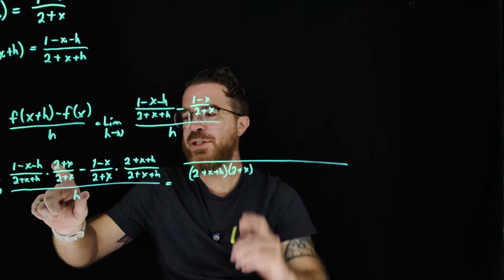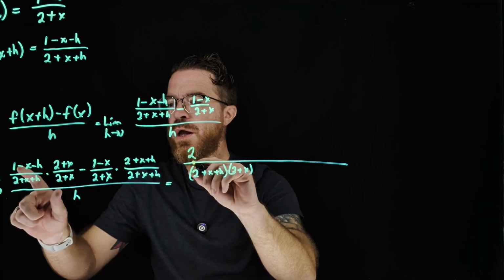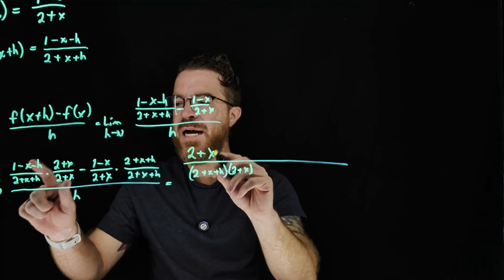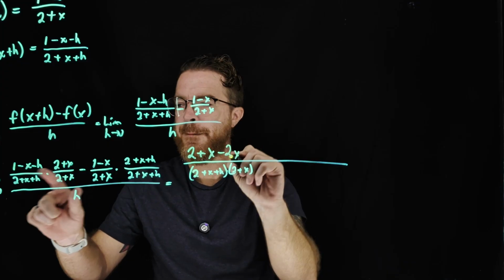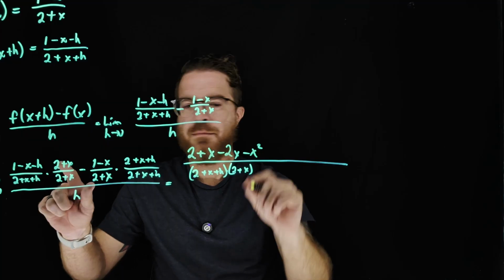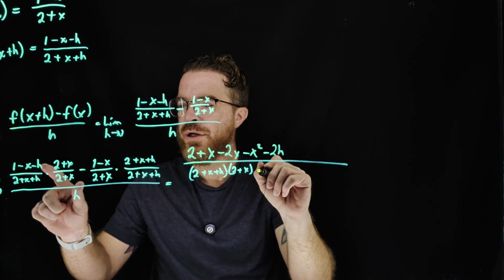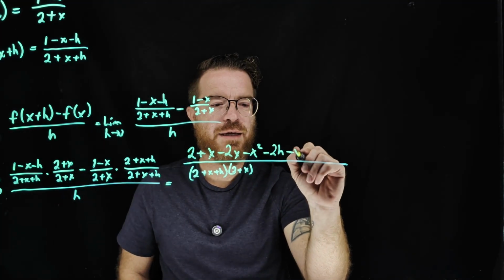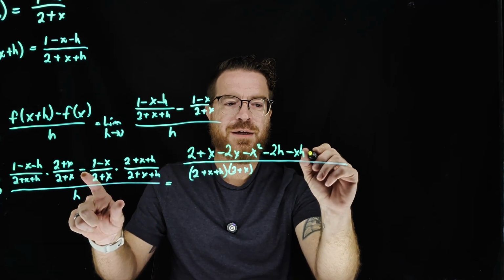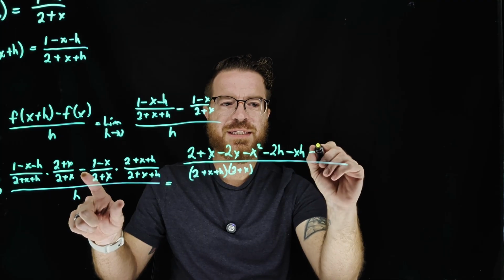So we're going to have 1 times 2, so 2, plus 1 times x, so x, minus 2x, minus x squared, minus 2h, minus xh. And then remember, this is going to be minus this entire thing. So minus, I'm just going to put this in parentheses now so we don't lose track.